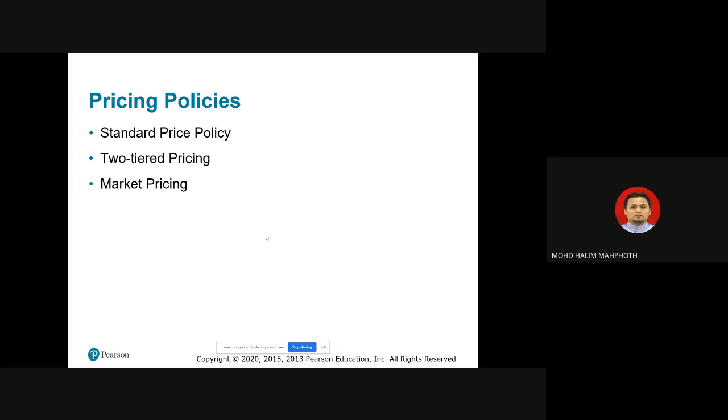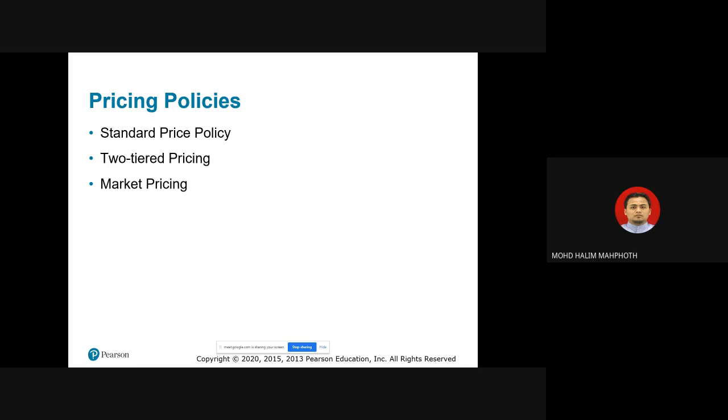The same price, just for the matter of the exchange rate. So maybe $1 in the US is equal to 4 ringgit in Malaysia.